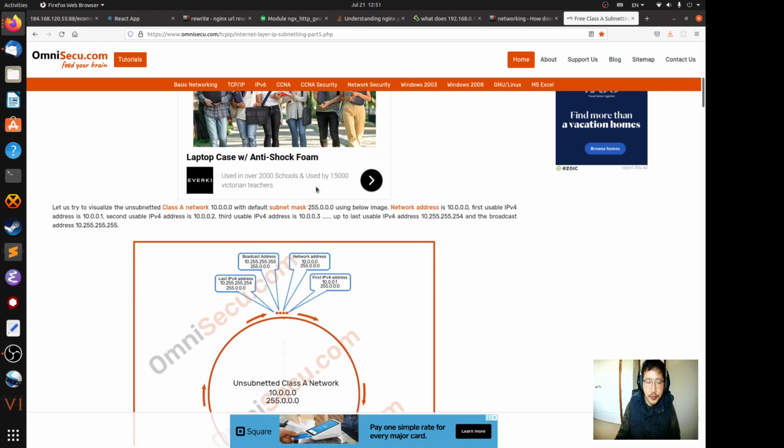Okay. Let's say we have a Class A network 10.0.0.0 with default subnet mask 255.0.0.0. Do you know why this is a Class A? I'll call it a default Class A network because the netmask has this format.